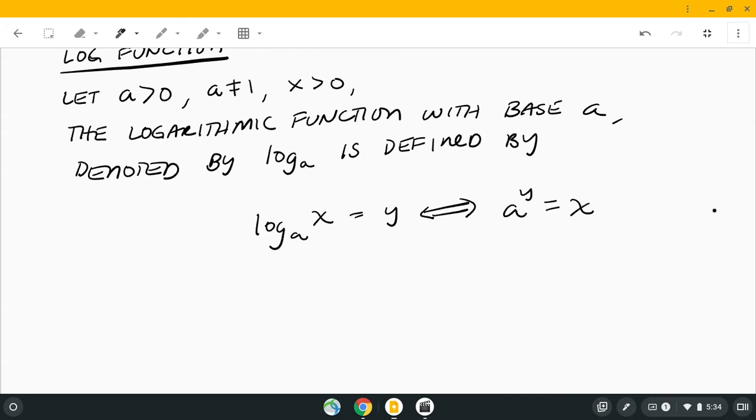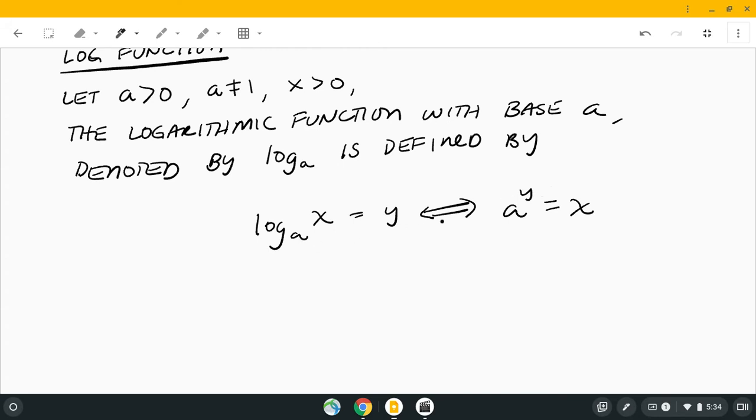So we just finished looking at exponentials. We ended with the natural exponential function. So here we have this exponential, a to something equals x. If this is true, then this is true. This base is the same base that's over here.